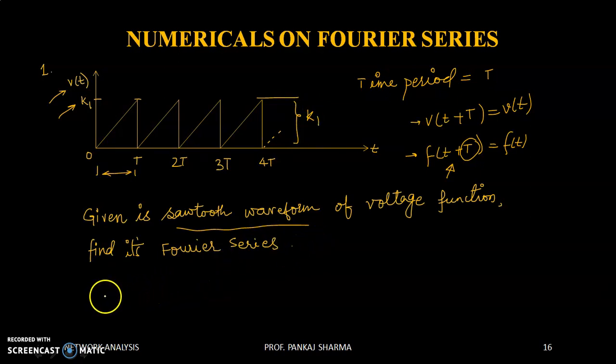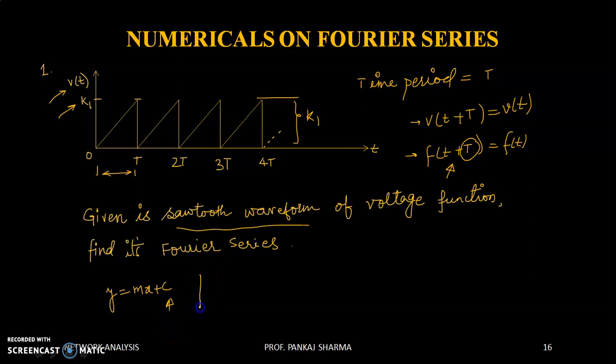Now by using the coordinate geometry formula, y is equal to mx plus c, we are going to find the expression for this voltage function, which is your sawtooth waveform. Now c is your intercept.